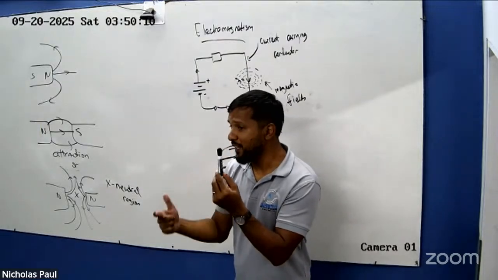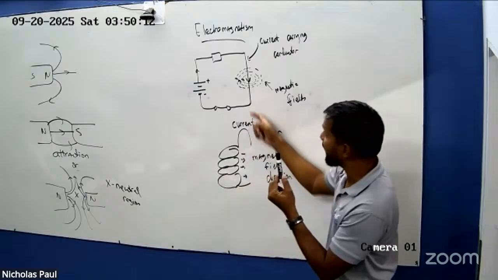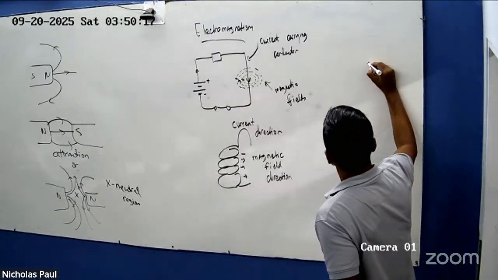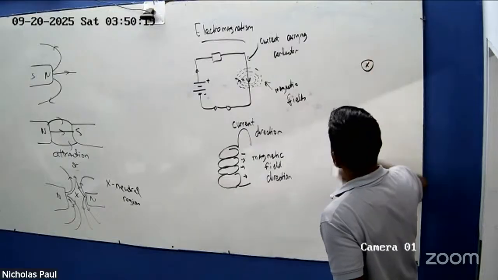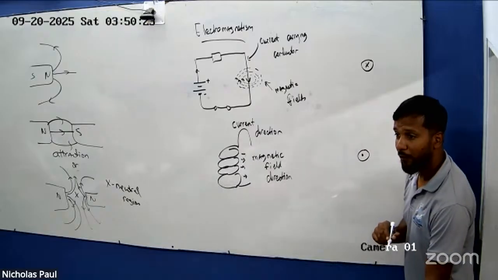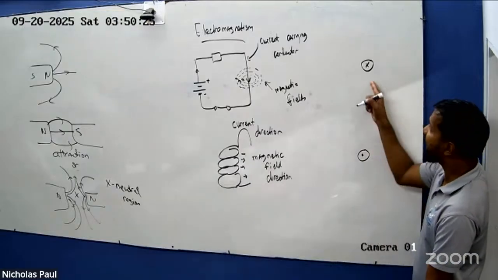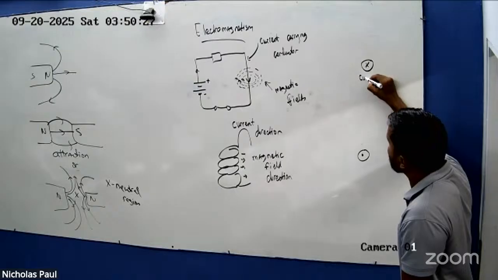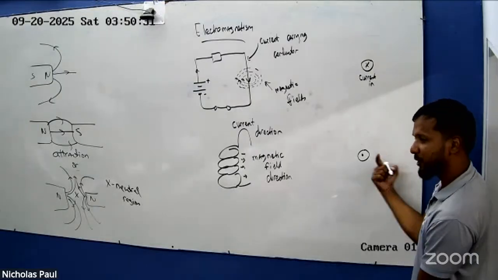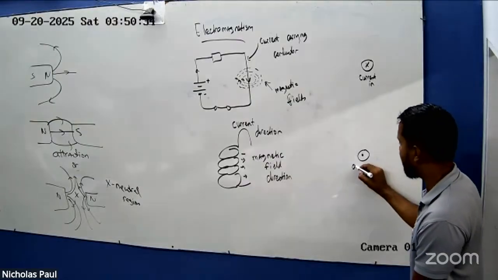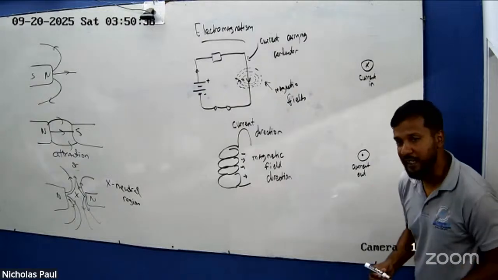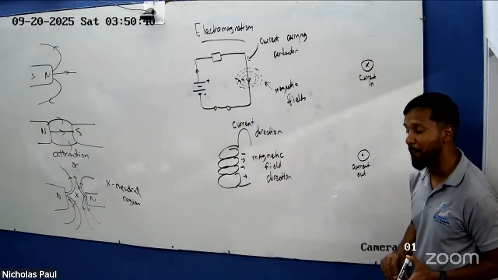So what they did instead of the current going up and down is they do an X and a dot. X means current going in, and the dot means current coming out of the whiteboard. And it's much easier for us to see the magnetic field direction.